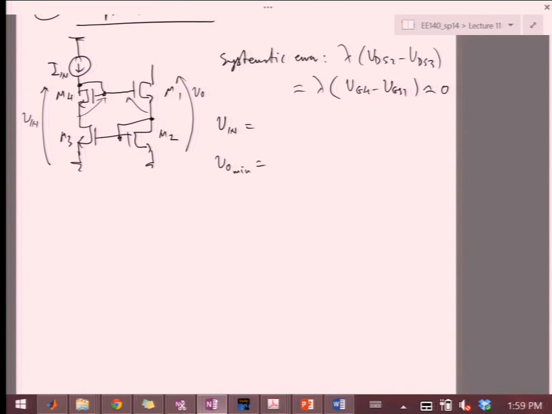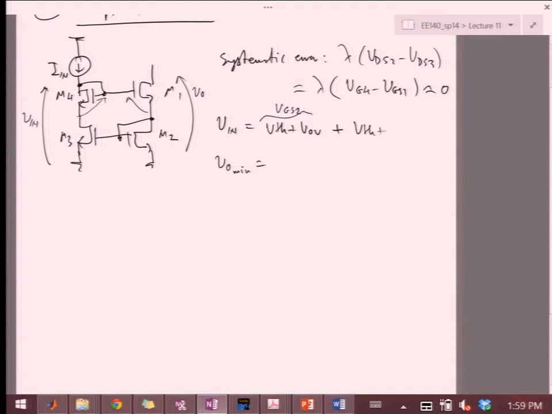How do we go about it? Can we go through M3? M2. So what's this voltage? VGS, and we represent VGS as VTH plus V overdrive, right? So this is our VGS2. Okay, next.